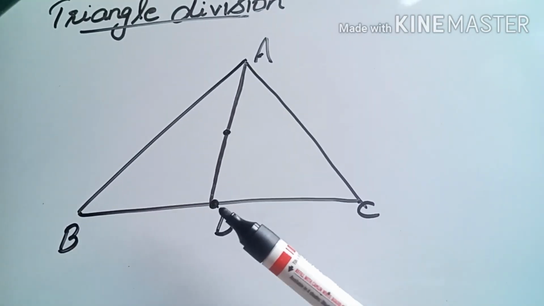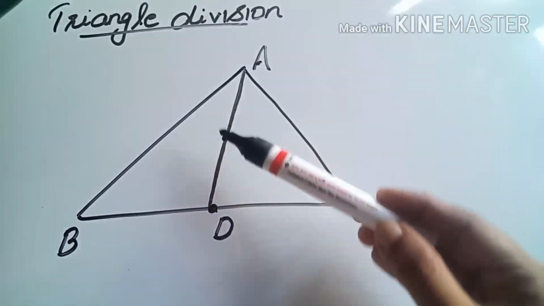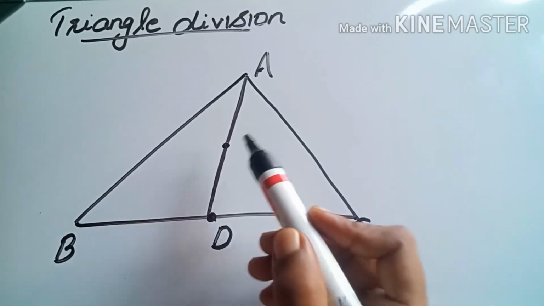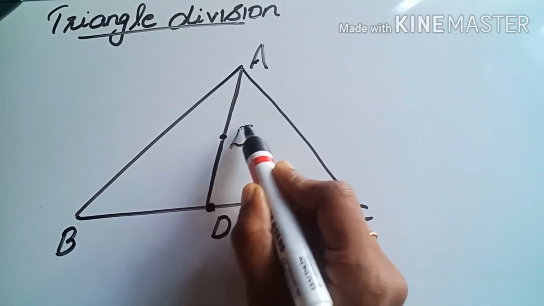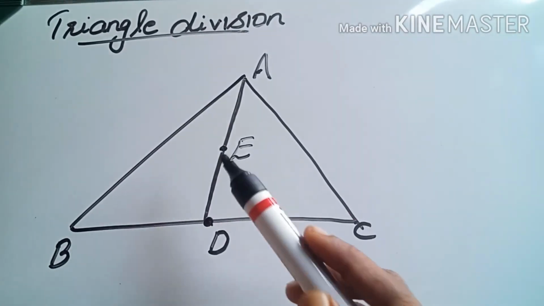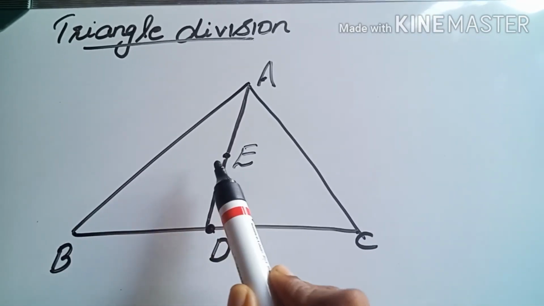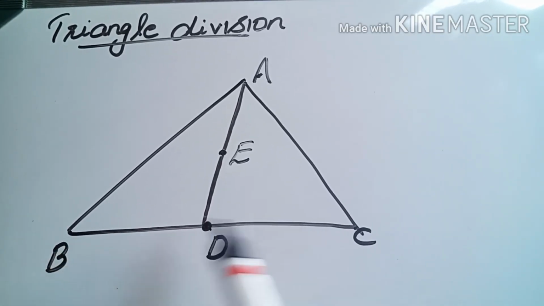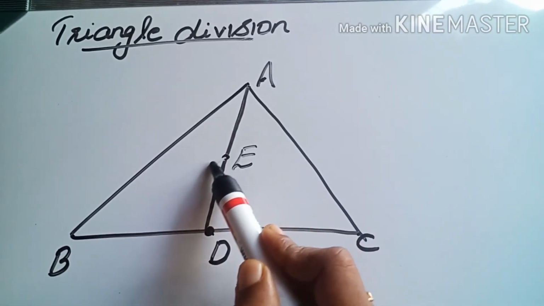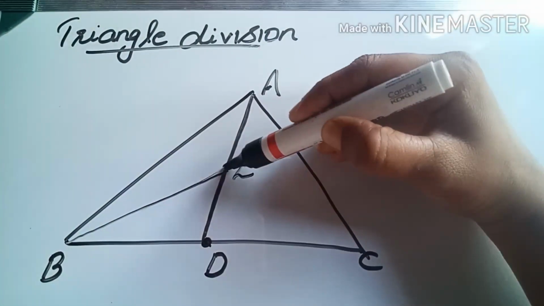Now from the midpoint of that line AD, we can take that point as E. From this midpoint, two lines are drawn to the other two vertices, B and C.